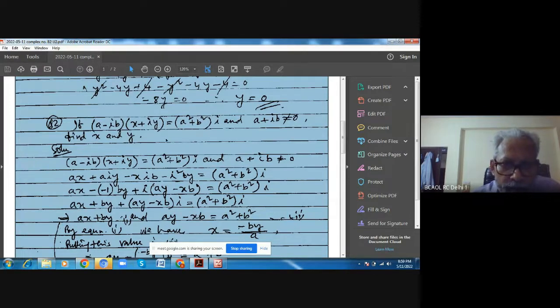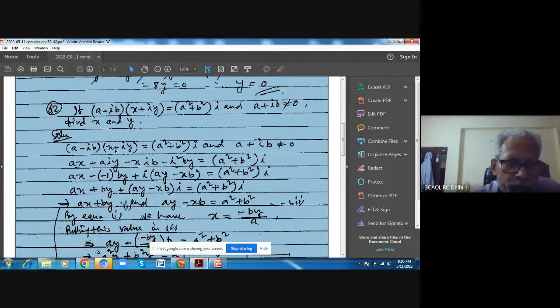Okay. But here you see we have to derive the x and y values. To do so, for deriving the x value and y value, one real value we have to identify and another imaginary part value we have to derive. So now the first thing, the same thing is written, no problem.